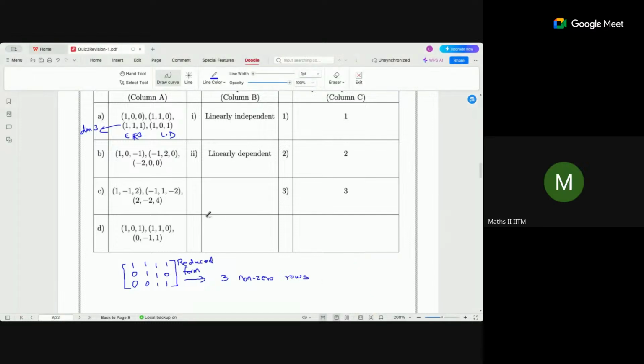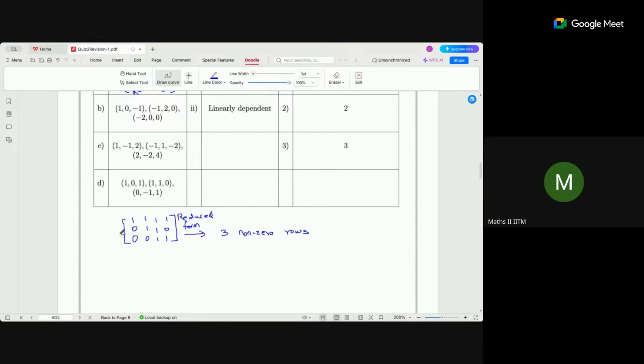Now the next case is you have 1 0 minus 1, minus 1 2 0, minus 2 0 0. So this is A. Okay, so this is the matrix you have.